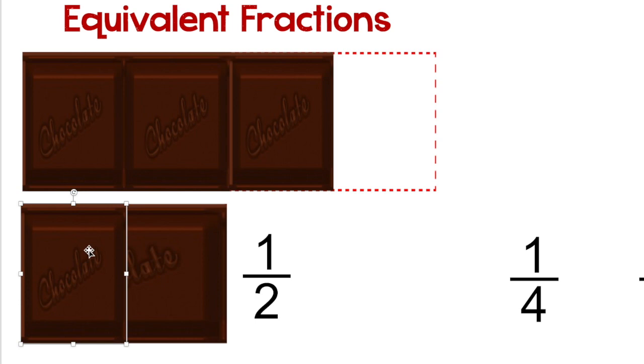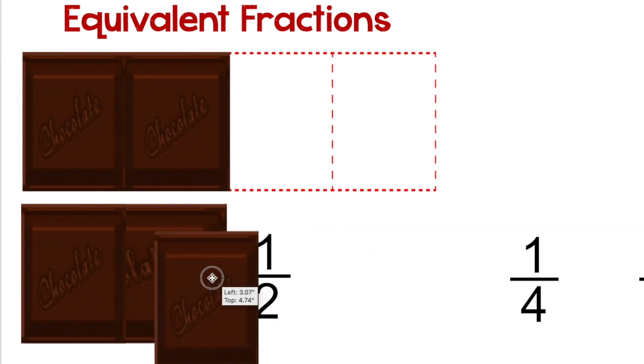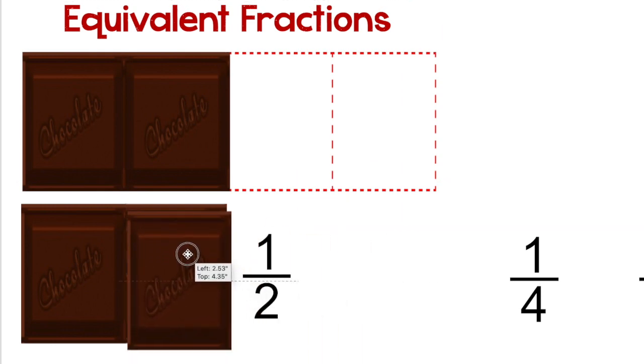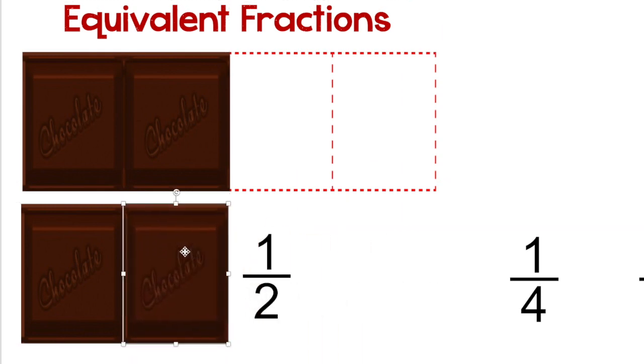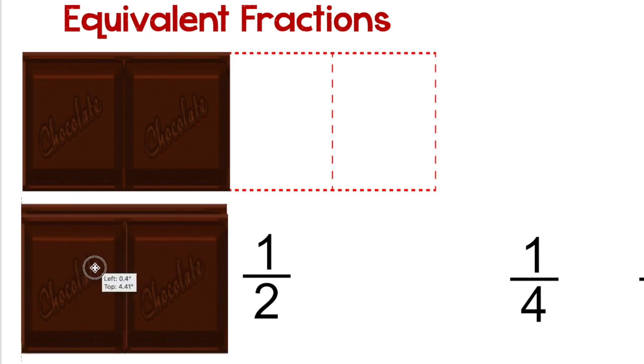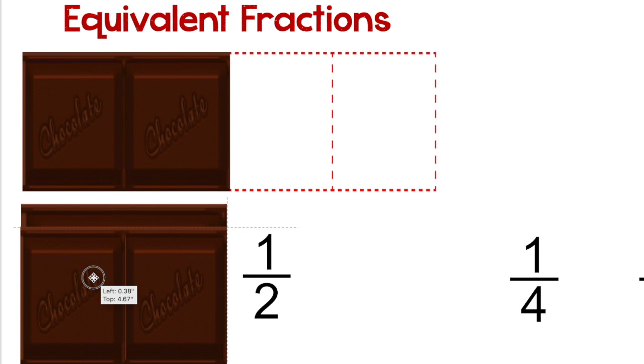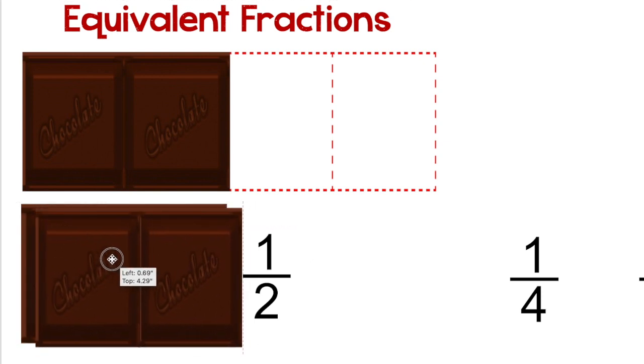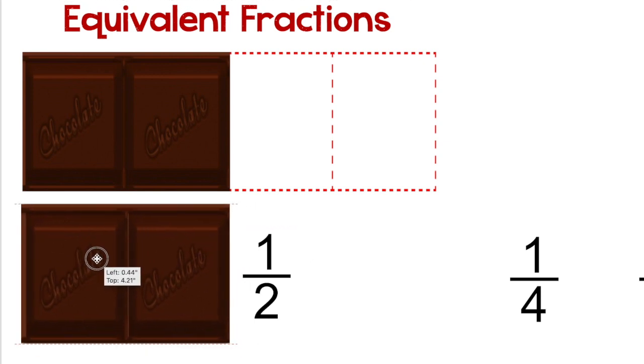Well, here's 1 piece, but there's a whole bunch of extra space over here. I wonder what would happen if she ate a 2nd piece of chocolate. If I line that up just next door, look at that. It fits perfectly. It's the same width. It's the same height. It perfectly covers my 1/2.